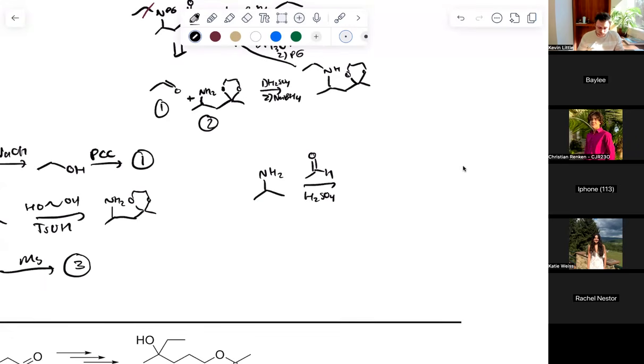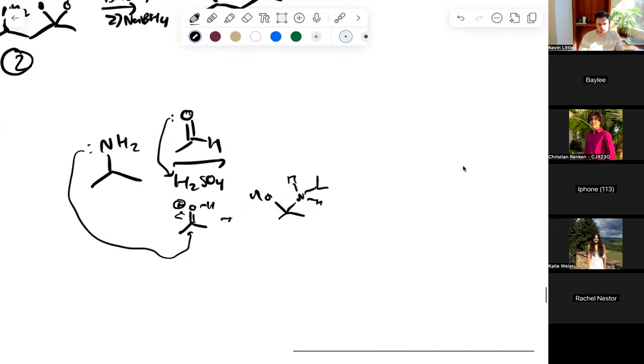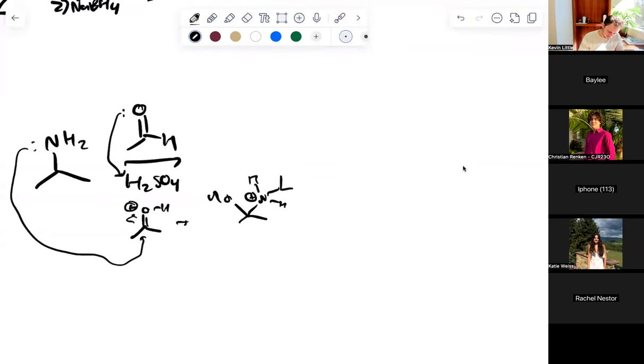So the oxygen is going to take the hydrogen, protonate it. And then the amine is going to add into the carbon and push up. We'll shorthand this. Then what?